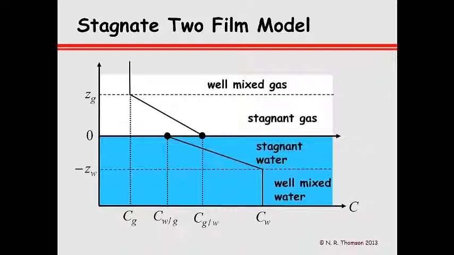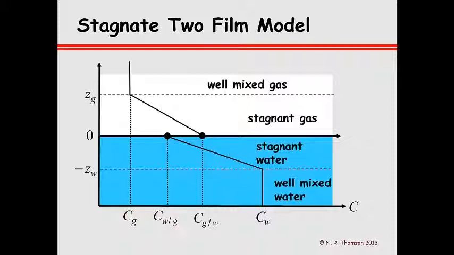And at that interface, there's a concentration gradient established between the interface and the thickness of the stagnant water phase. At the actual interface, the phase change will occur, and that, of course, again depends on the magnitude of the Henry's law constant.